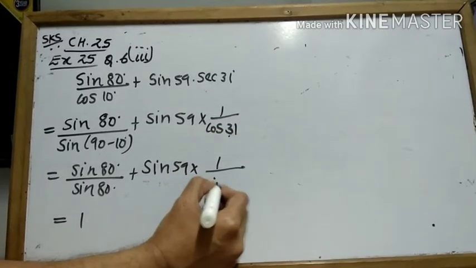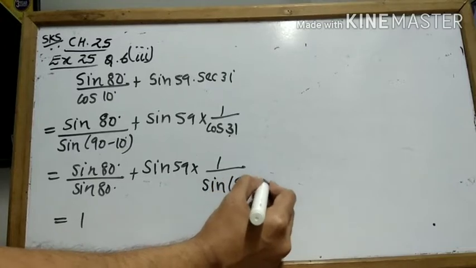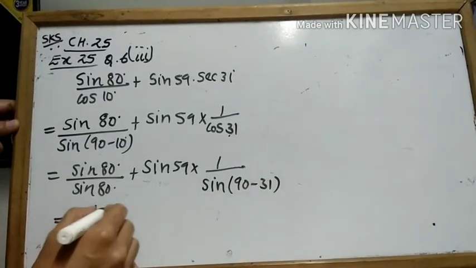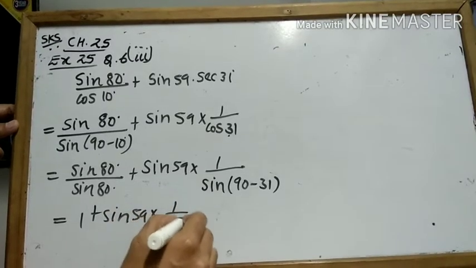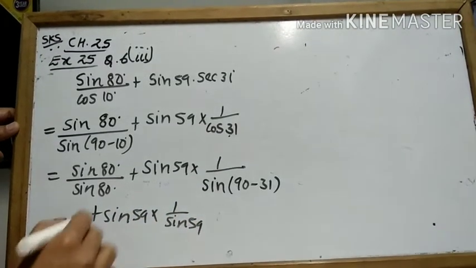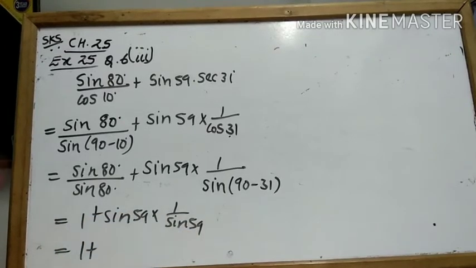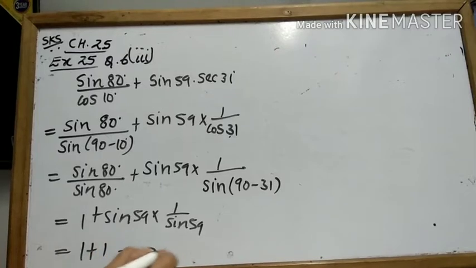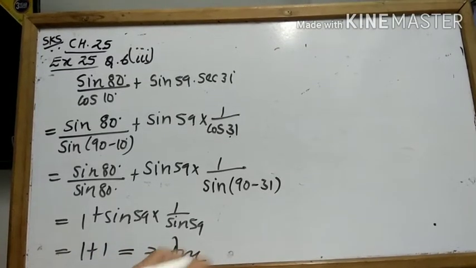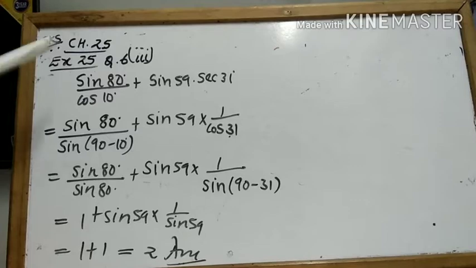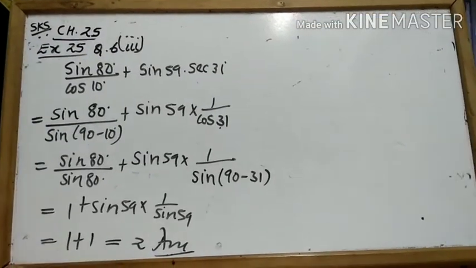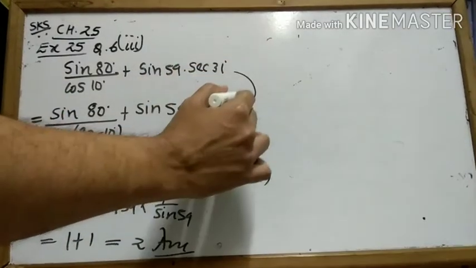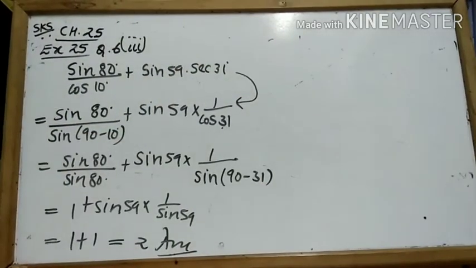So this will become sine (90 minus 31), which is sine 59, multiplied by 1 upon sine 59. This one remains as it is. Sine 59 into 1 upon sine 59 is 1. So 1 plus 1 becomes 2. Here there were two pairs of complementary angles: one was 80 and 10, the other pair was 59 and 31. The key point was converting sec 31 into 1 upon cos 31.